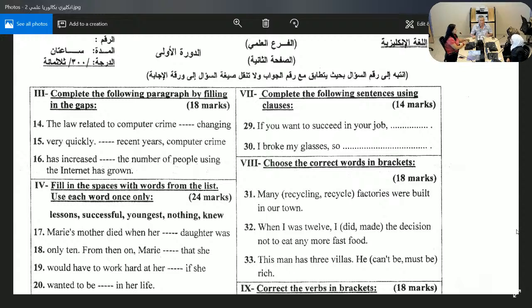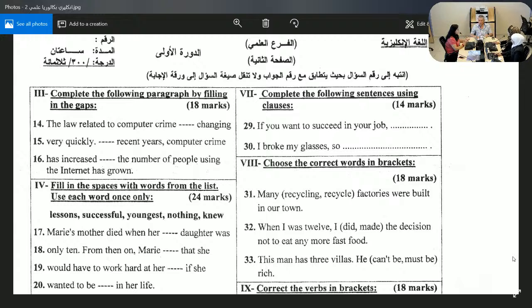Exercise eight: this is a clause, so you need to write a subject and a verb. If one word is missing, you will lose all of your mark. So you need to write a subject and a verb clearly in the completion, and meaningful.